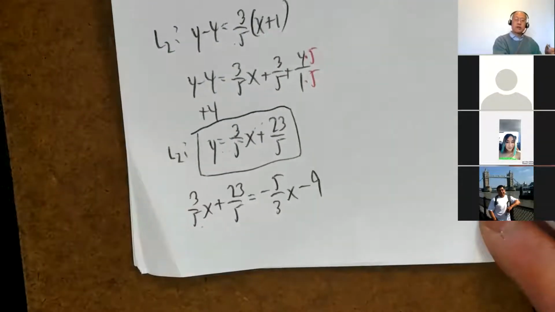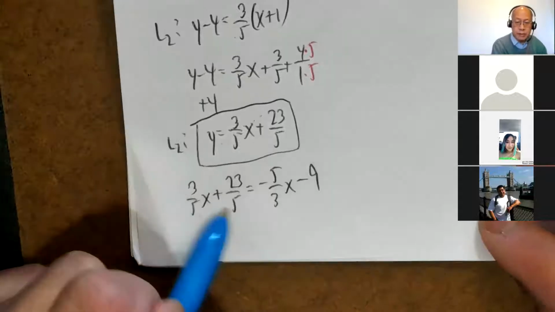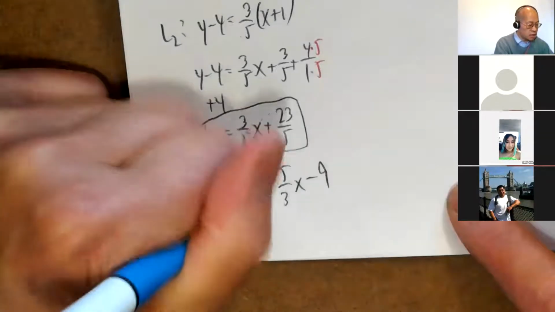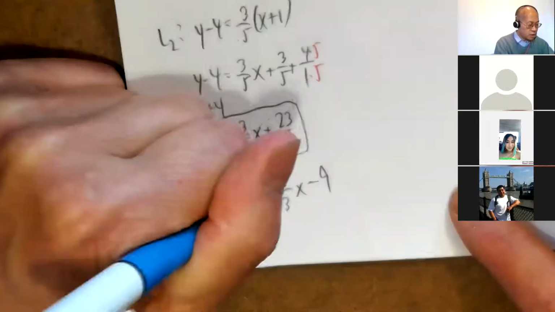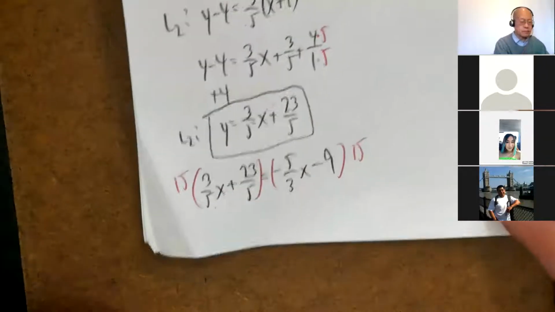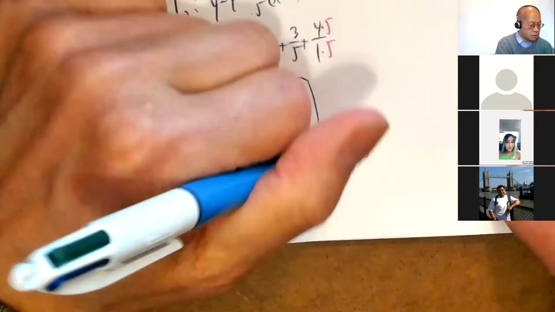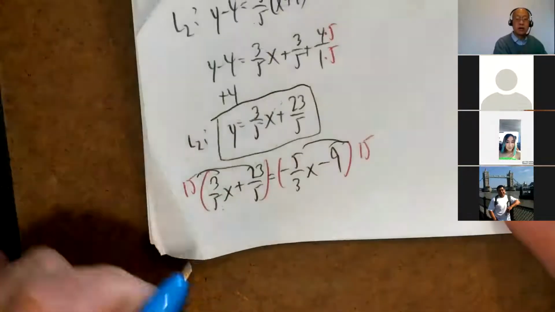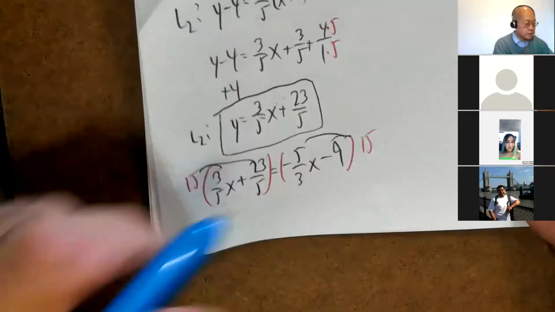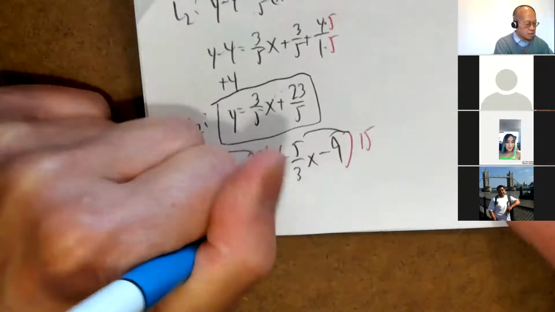Okay, I don't like all those fractions, so let me multiply both sides by the common denominator, which is 15. Distribute, distribute, distribute, distribute. So 15 divided by 5 is 3. 3 times 3 is 9, 9x.